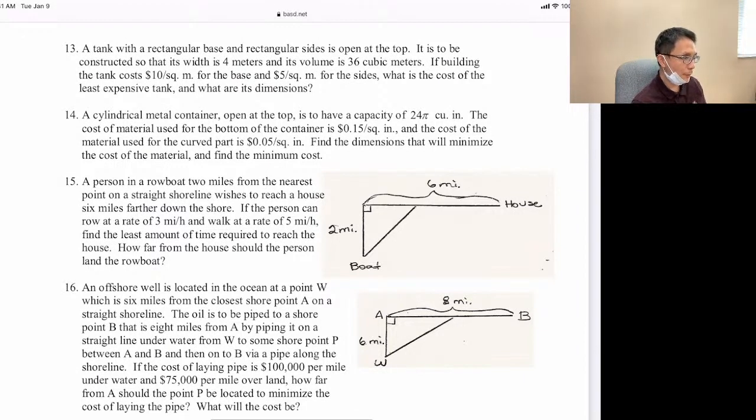Okay, so let's start with 14, because there's a different one. There's a harder one because this one is a cylindrical shape. And we are going to speed up more once we finish this, because we are a little bit behind, we're going to catch up. So a lot of you guys need to make sure you keep up with the homework, otherwise you're going to fall behind very, very quickly.